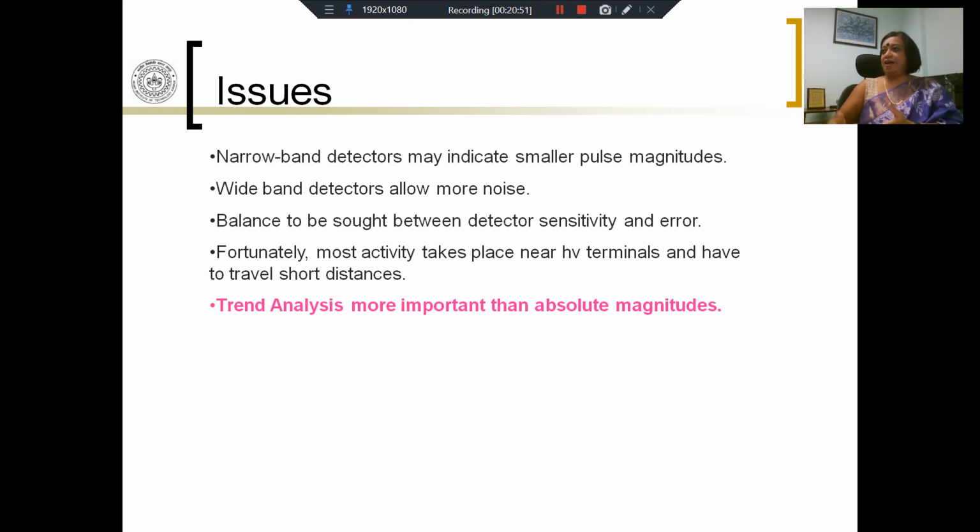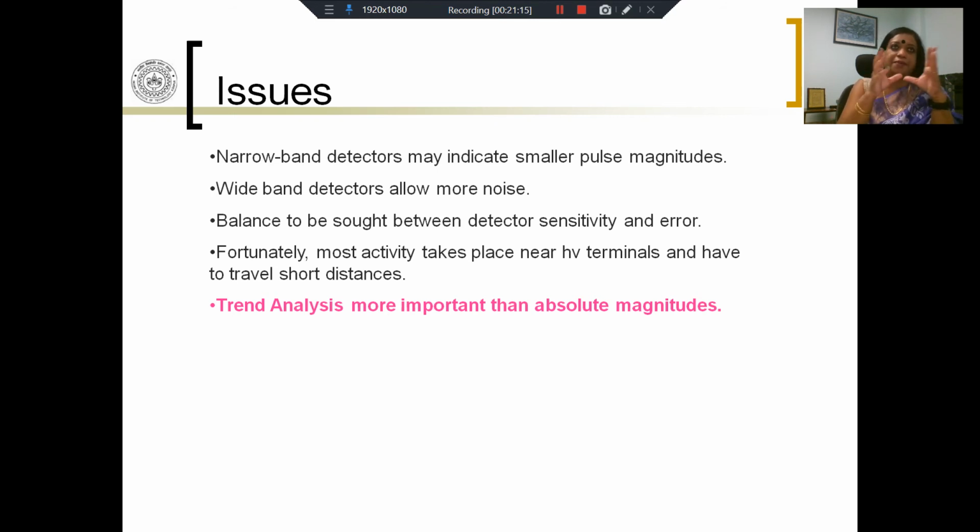But on the other hand, to surpass that, if you use a wideband detector, you're also going to let in a lot of noise. So it is very difficult to figure out how to have a balance between the detector sensitivity and the error.